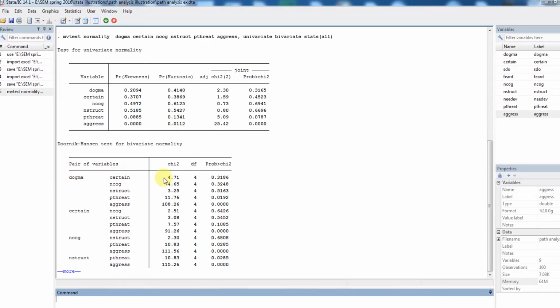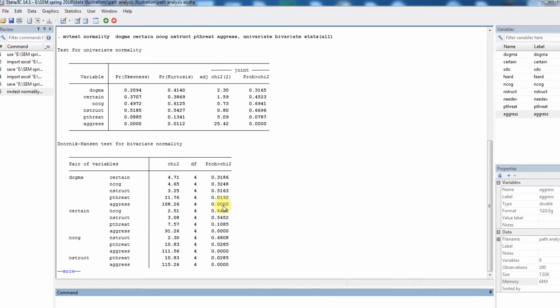We also have some tests of bivariate normality, and so you have each pair of variables, so dogma and certain. Again, over here we're looking for p-values that would be less than 0.05, which would suggest an absence of bivariate normality. Dogma and certain, that p-value is greater than 0.05. Dogma and need for cognition, greater than 0.05. Dogma and perceived threat is less than 0.05. Dogma and aggressiveness is definitely less than 0.05.